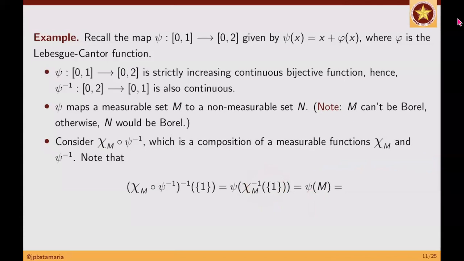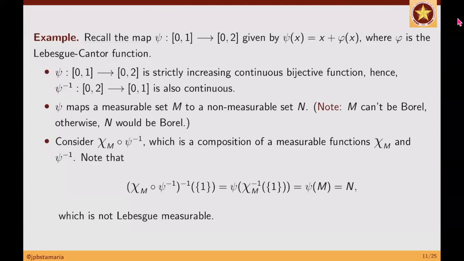But, what is now the image of M under psi? Sabi natin kanina, it maps a measurable set M to the non-measurable set N. So that's N. The thing is, yung N dito, hindi siya Lebesgue measurable.